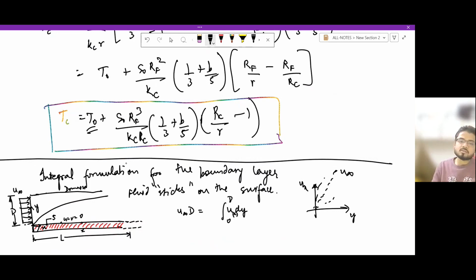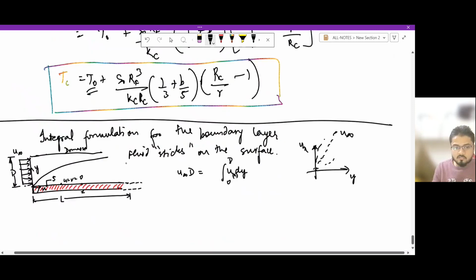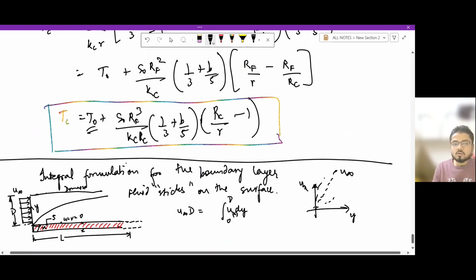Since the velocity starts from 0 right here and rises gradually, effectively you'd have to extend this domain along this to equalize the mass flow rate. Since we are assuming that u infinity is here, for this part of the domain you have the velocity u infinity.